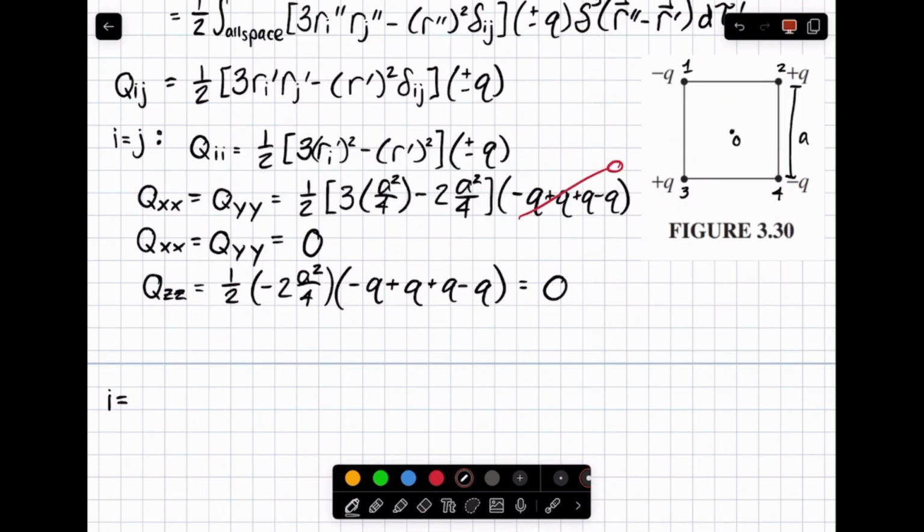Now for the case where i doesn't equal j, I'm going to evaluate this function again. And if you remember, the Kronecker delta is going to go to 0 since i does not equal j.